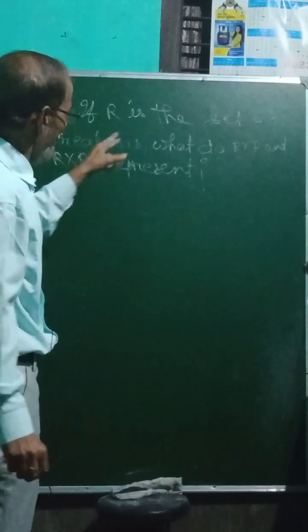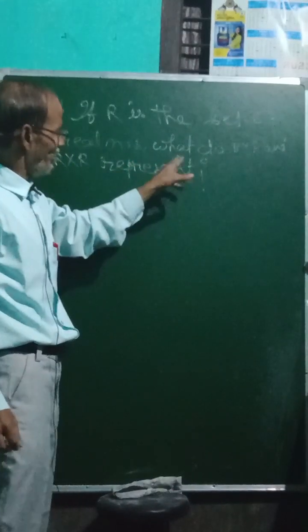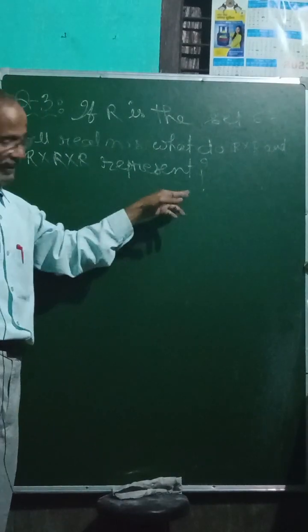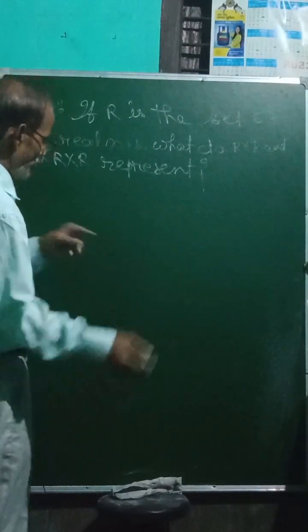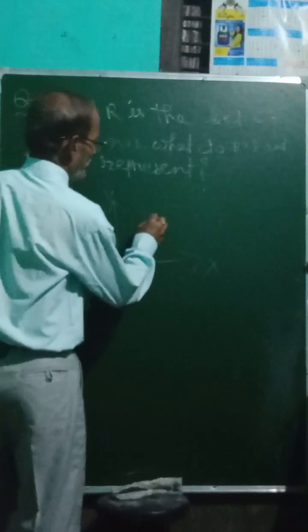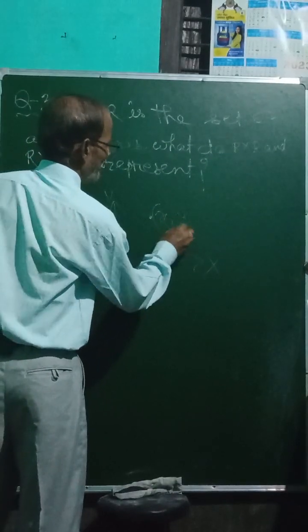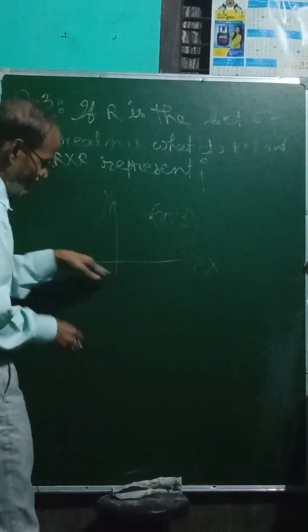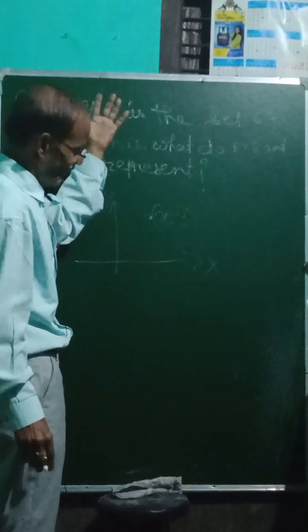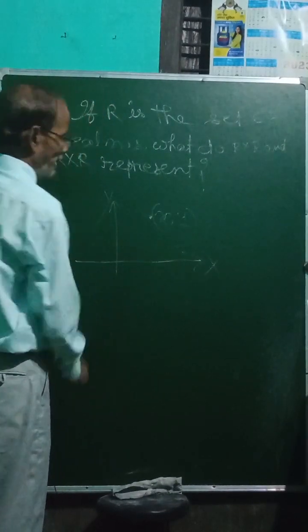Next is question 3. If R is the set of all real numbers, then what do R cross R and R cross R cross R represent? Remember that you have learnt in Cartesian coordinates, if this is a point (x, y), x can denote any real number along the x-axis and y can denote any real number along the y-axis. These are the sets of real numbers we have studied.